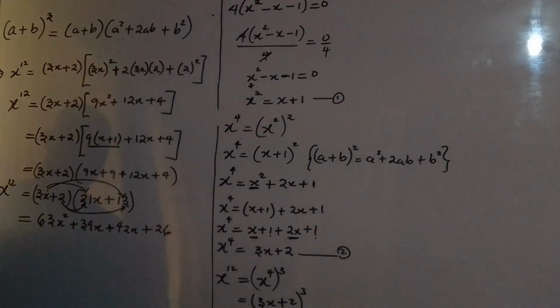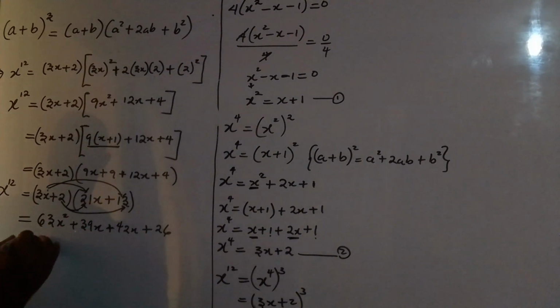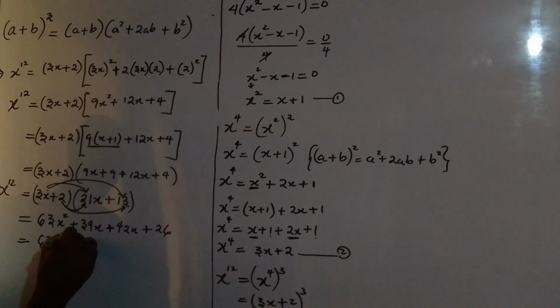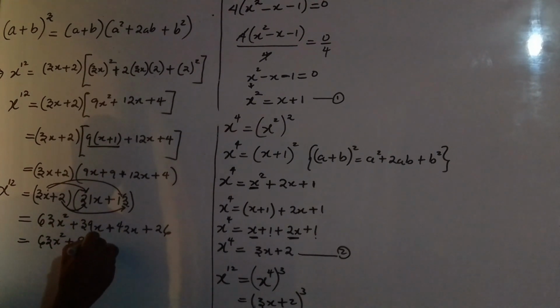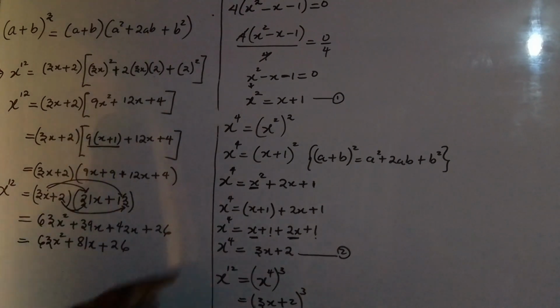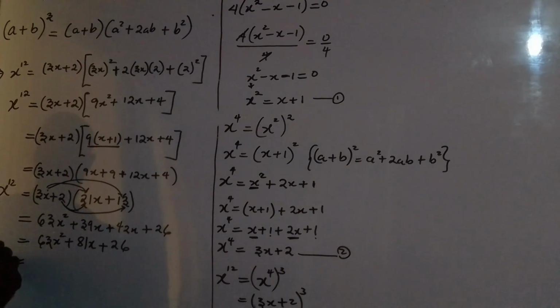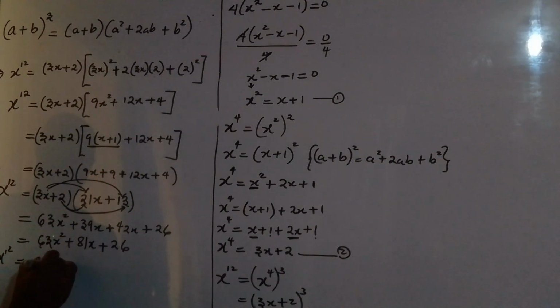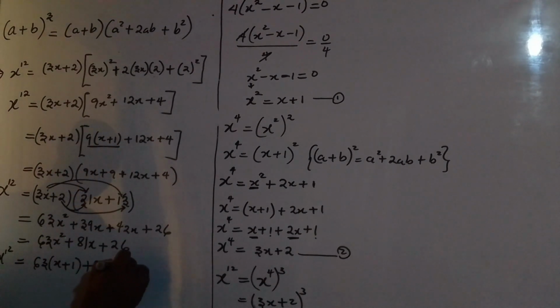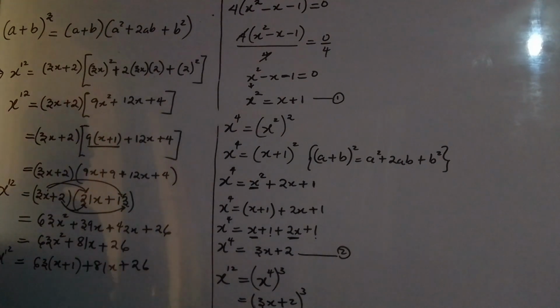Alright. So further simplifying, I'm going to get 63x squared + 39x + 42x, which gives 81x, and of course plus 26. Don't forget the value of x squared is x + 1. So x to the power of 12 will be 63 times (x + 1) + 81x + 26.